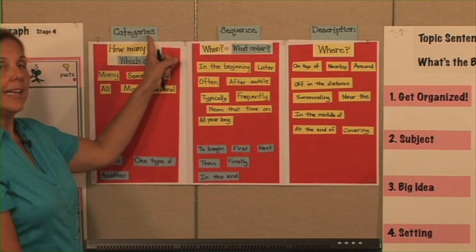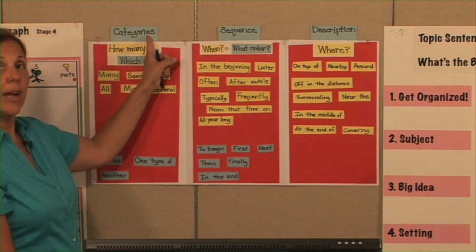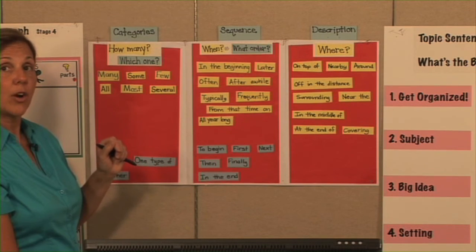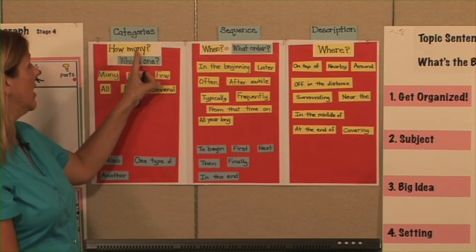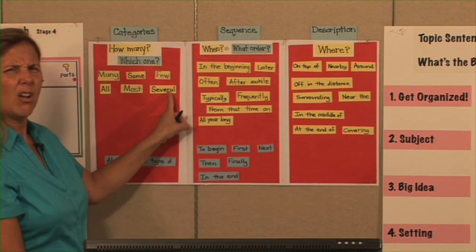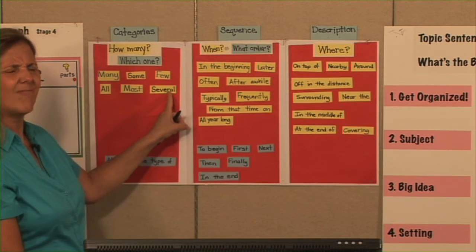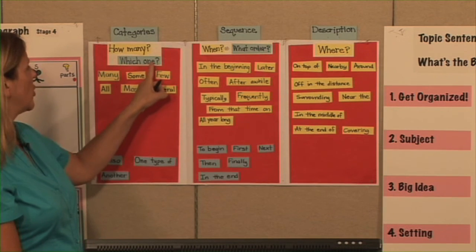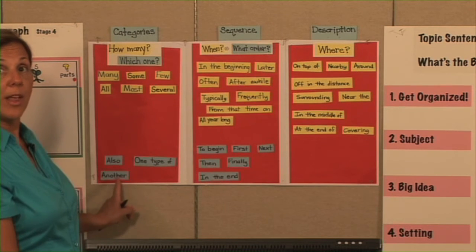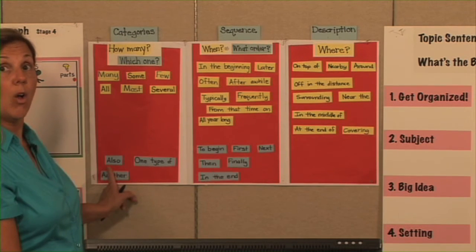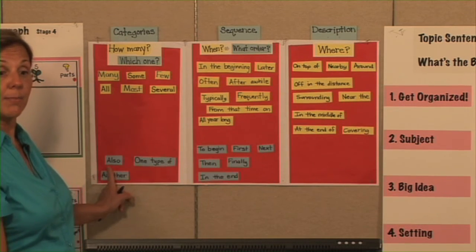We're writing in categories. So let's figure out if one of our transitions on our category box would help. A category could tell you how many. Are we talking about how many when we talk about rain and waves? No. Are we talking about which one? Could we say like also, like another type of weathering is rain and water, or also, meaning another type of weathering?